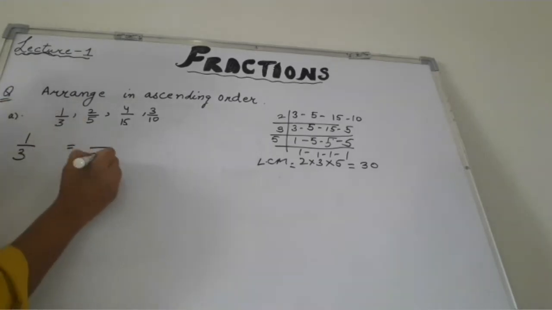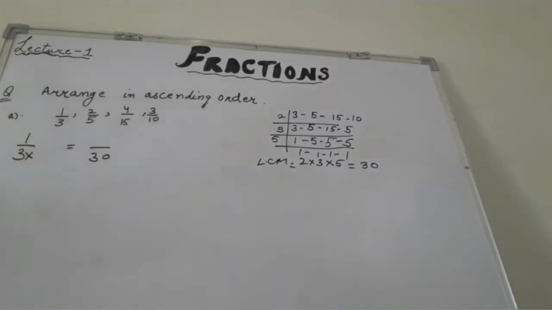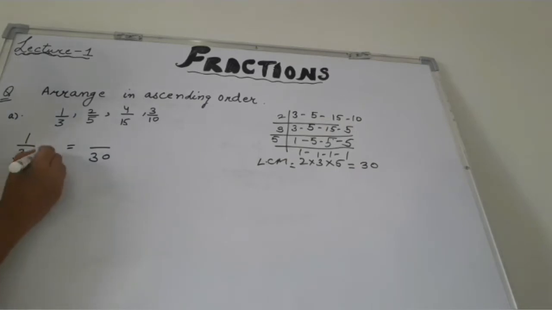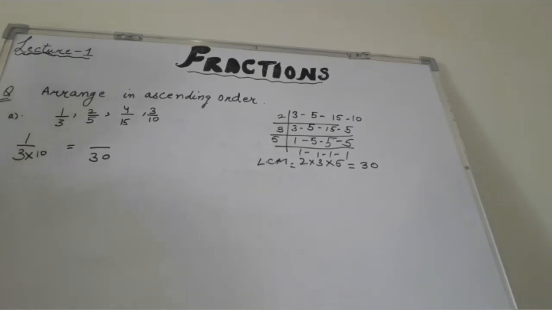What should I multiply so that I get my denominator as 30? I will multiply 10 by 3, so I get the LCM in the denominator.